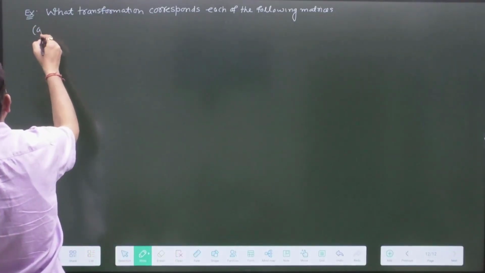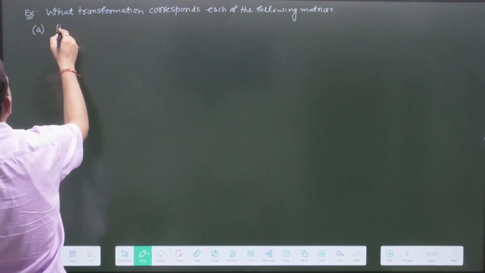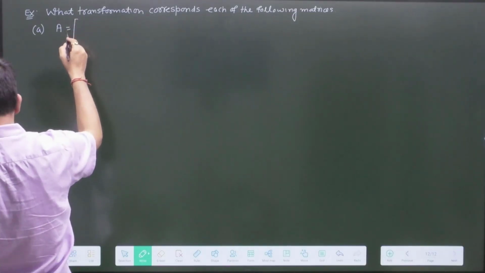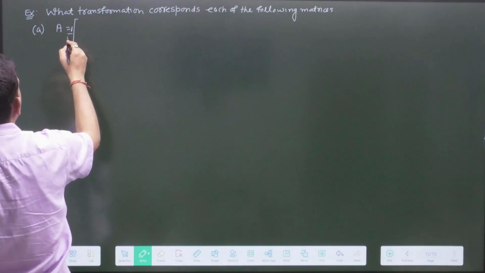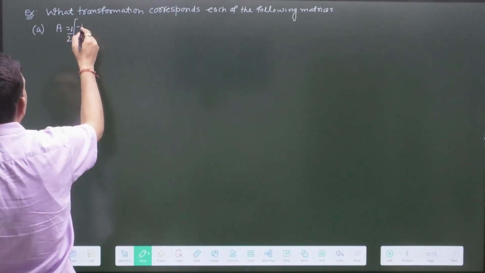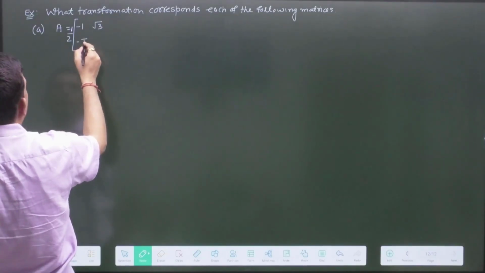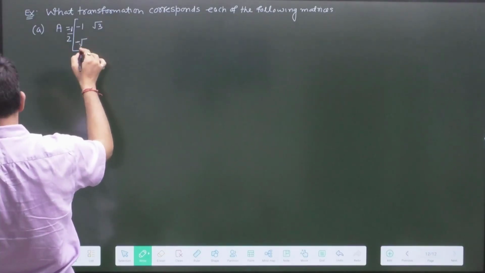First is matrix A, given as 1 by 2, minus 1, under root 3, and here I am talking about passive transformation.